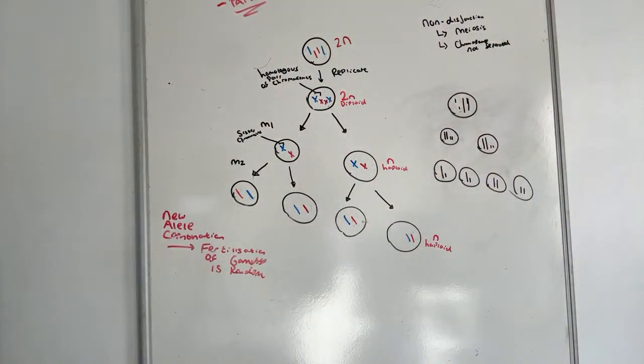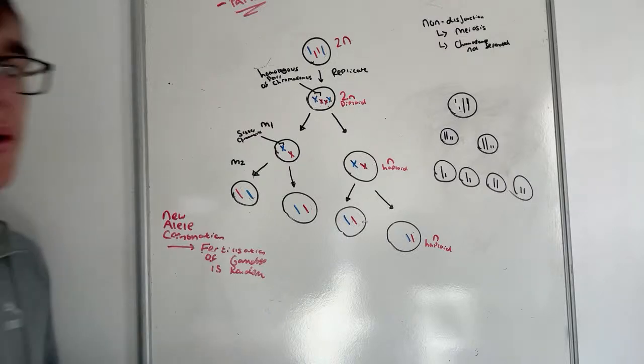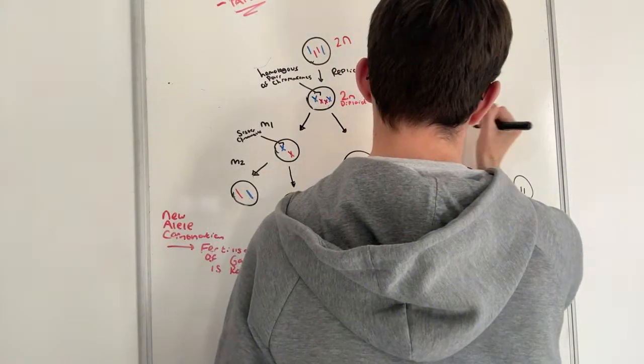Let's hope that this is right. One long and one short, each made up of 2 chromatids held by centromere. Oh, so I would have had to add a centromere there.